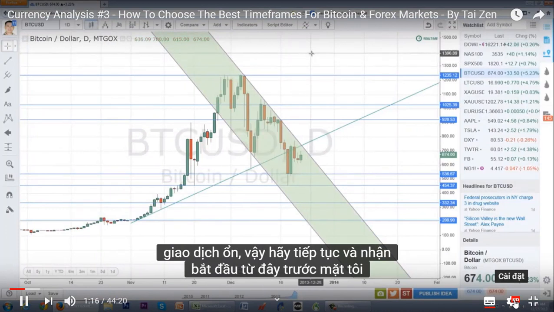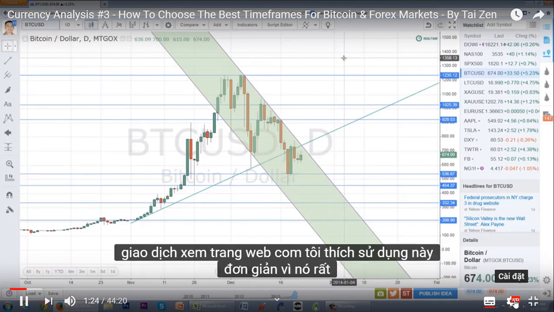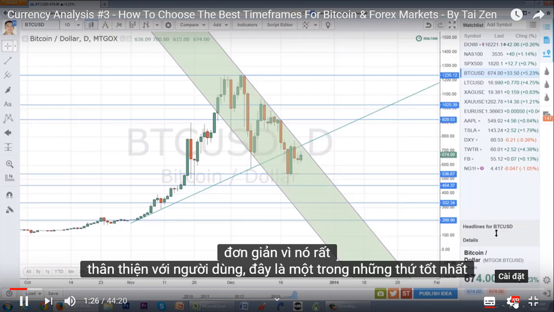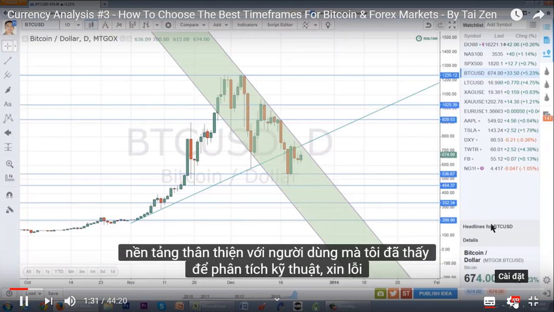Here in front of me, I have the tradingview.com site. I like to use this simply because it's very user-friendly. It's one of the most user-friendly platforms that I've seen for technical analysis.